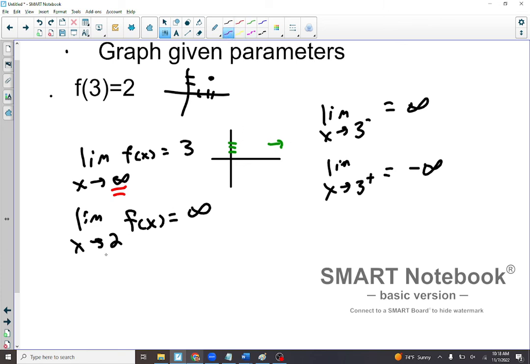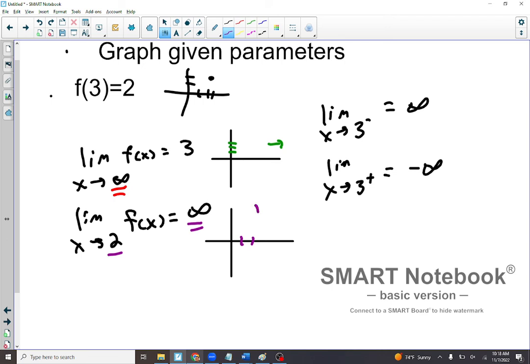In this situation, when x approaches 2, and it works for negative infinity also, if it's negative infinity, you go to the left. For this one, as x approaches 2, it goes to infinity. In this case, as my x approaches 2, it looks like my y value will become infinity.